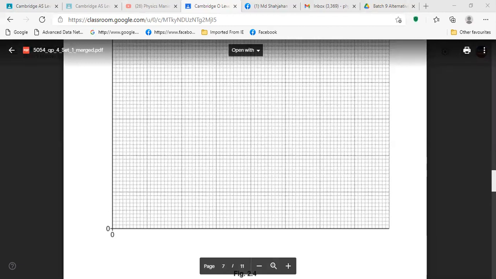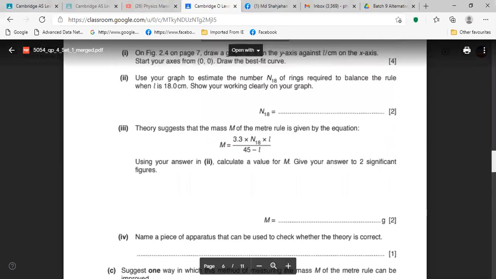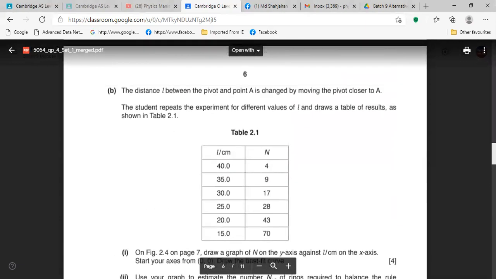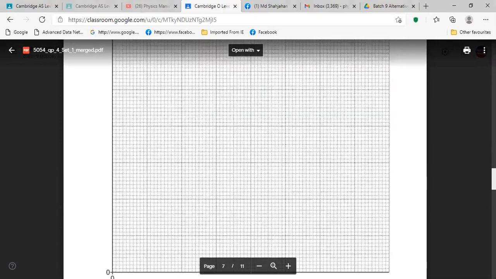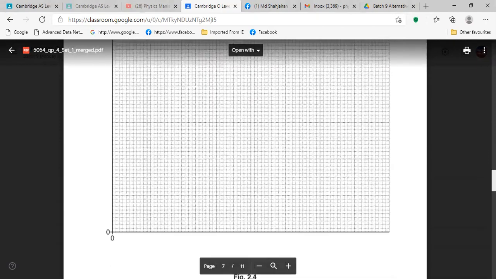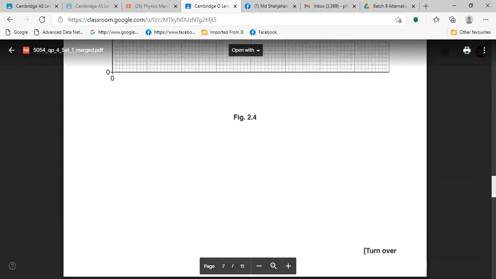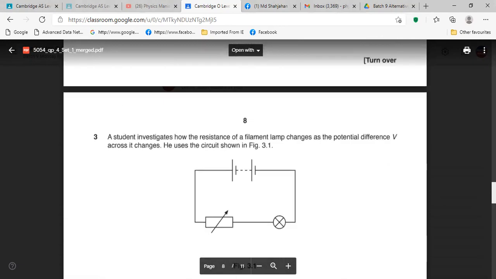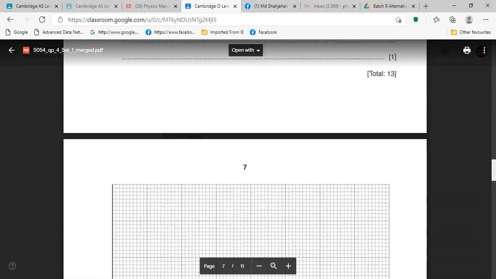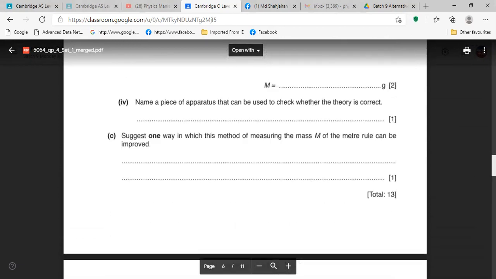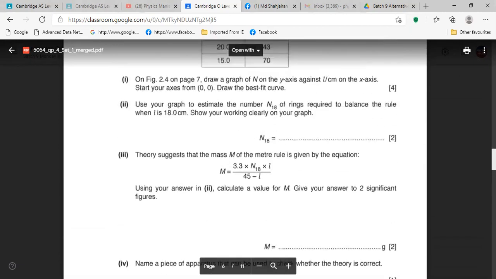And for N, you have 0 to 70, so you can take 10, 10 for each big square. Then you draw the best fit curve line and send it to our messenger group, then we'll see how it is working as a best fit curve line. Karim can also see. Yes, sir. Do it, please.